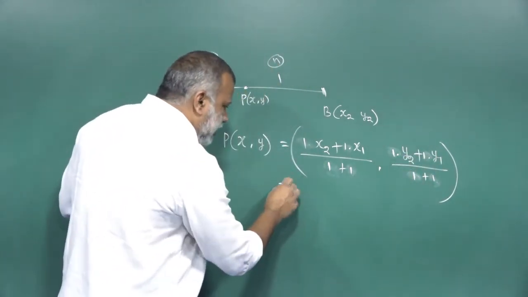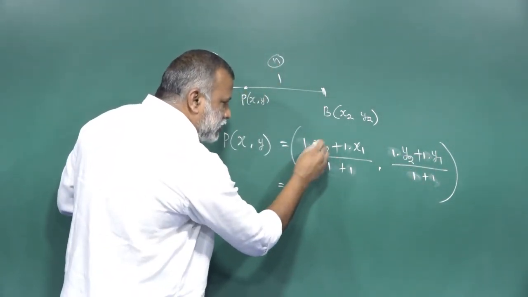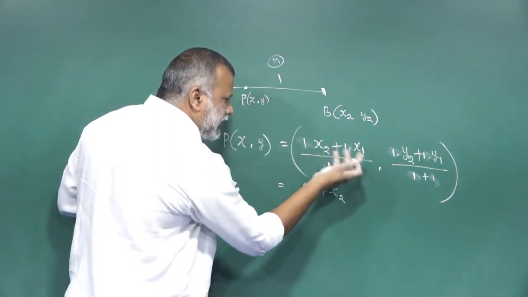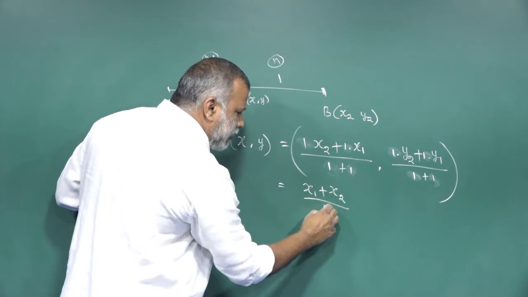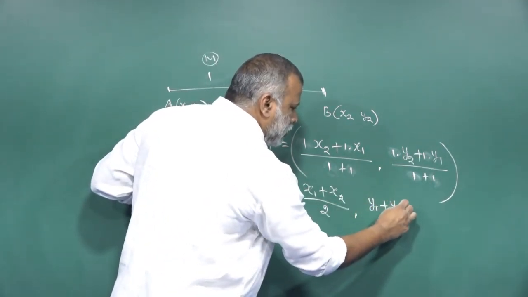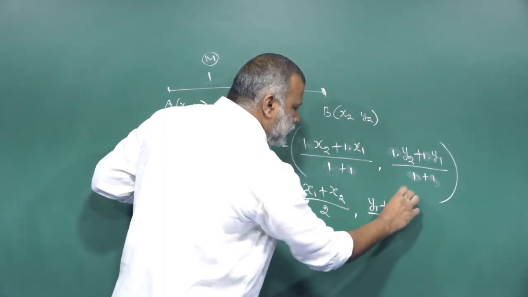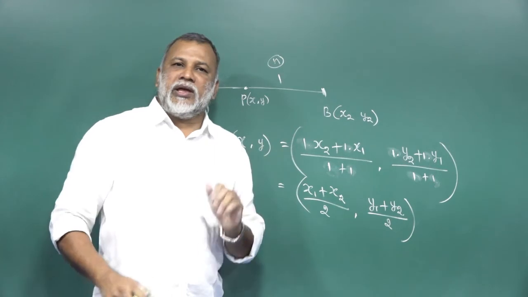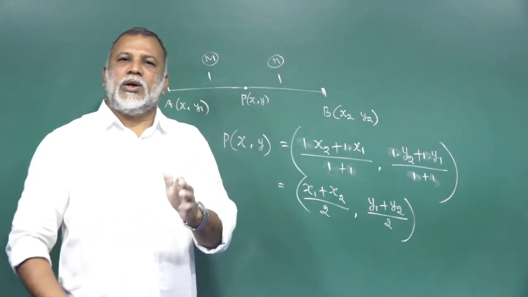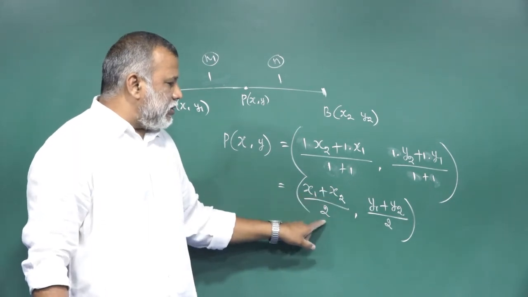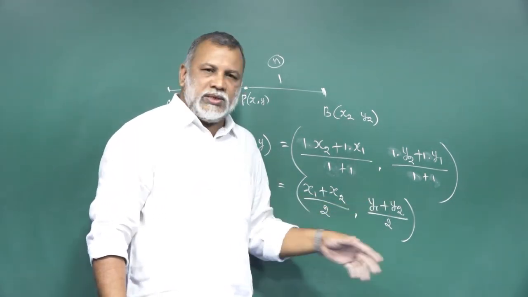See here what we can get: x1 plus x2, just addition means we can interchange, divided by 2, y1 plus y2 divided by 2. See this result? You are using the midpoint formula in many areas. What is the formula to find the midpoint of the line joining any 2 points? x1 plus x2 by 2, y1 plus y2 by 2. This is the midpoint formula.